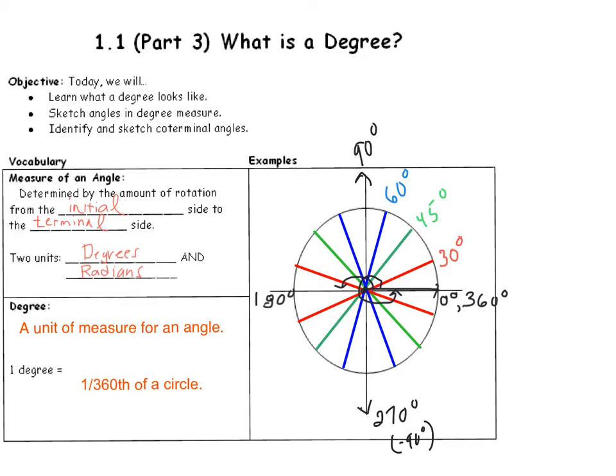Just to go back to my red one, if I come back 30 degrees from 180, this guy has to be 150. If you go 30 degrees past 90, this blue guy up here has to be 120. Oh, that's not very neat. Let me fix that.